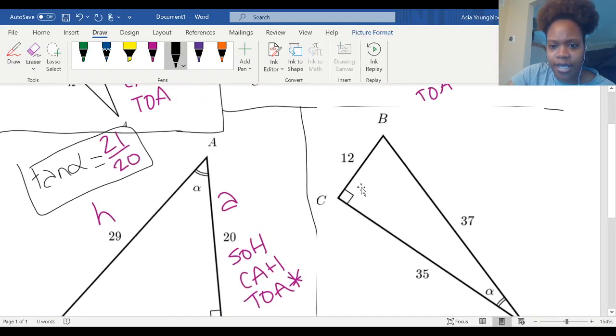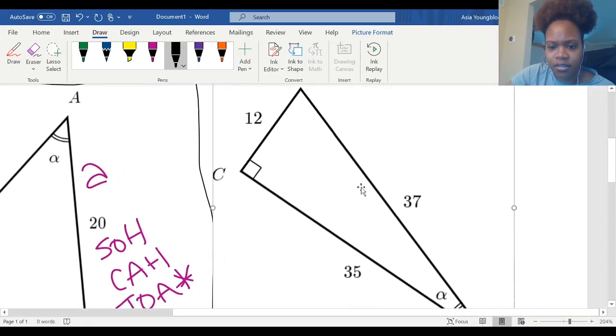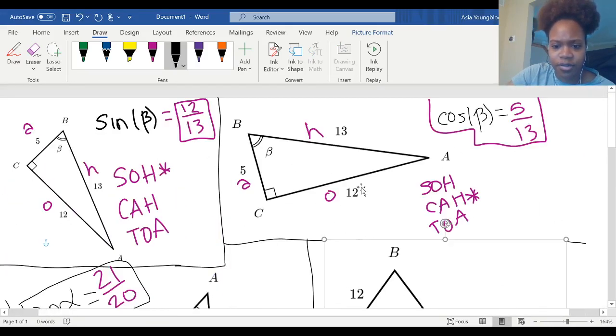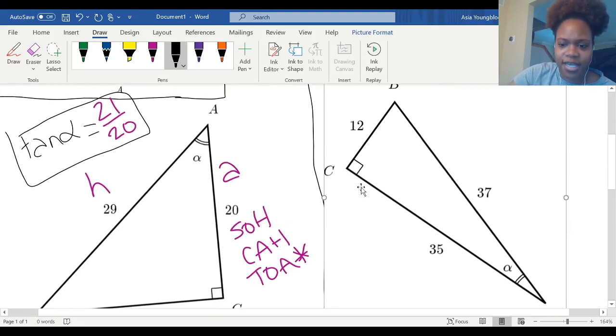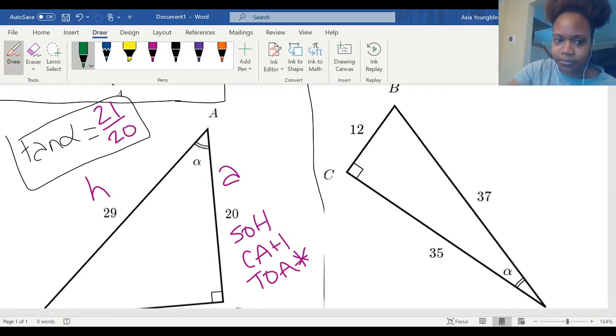This will be our last problem in this set. This right triangle. And we were asked to find the sine of alpha in this triangle. So we're looking for the sine of alpha. Okay. So start by labeling your triangle.